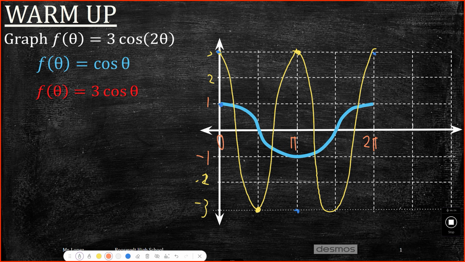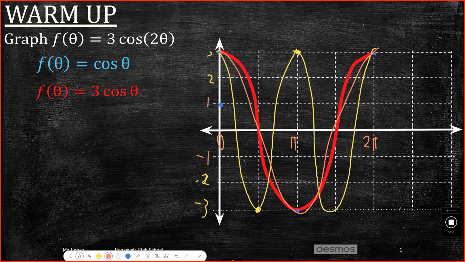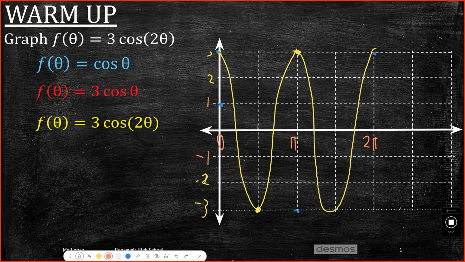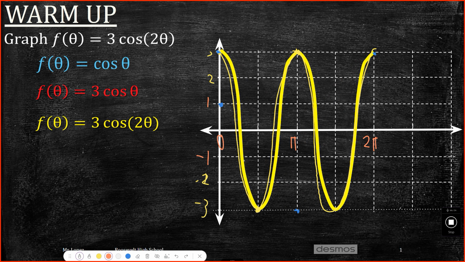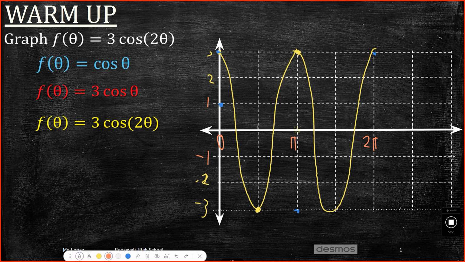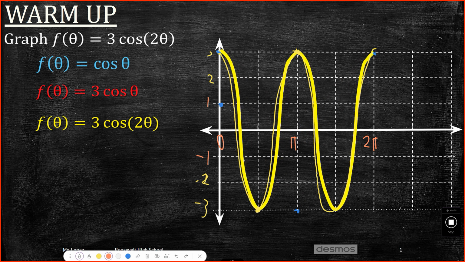So that one is going to go like this. If we want to go step by step, it would be this. Okay, watch. And from there, we can go to 2 theta, meaning that there's going to be 2 birds. All right, that's it.